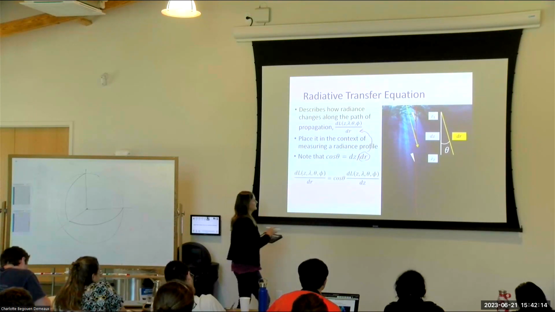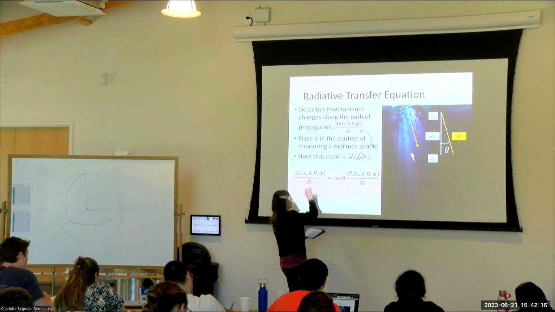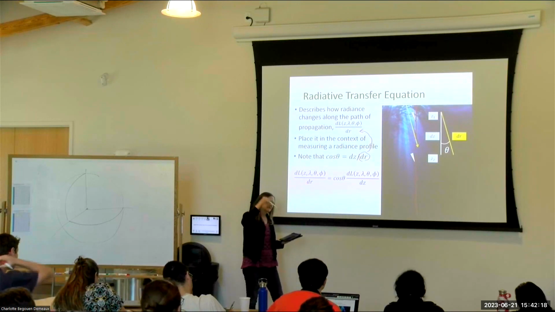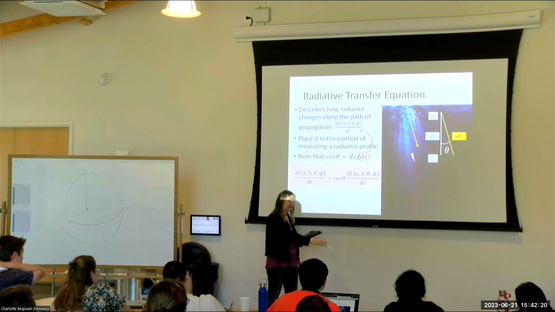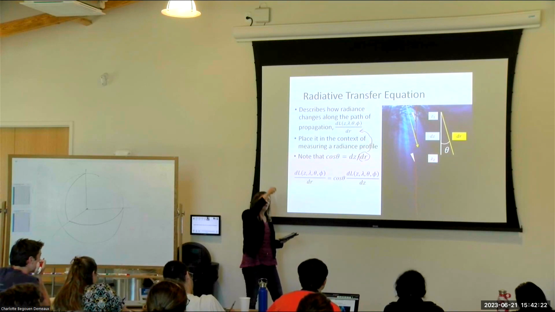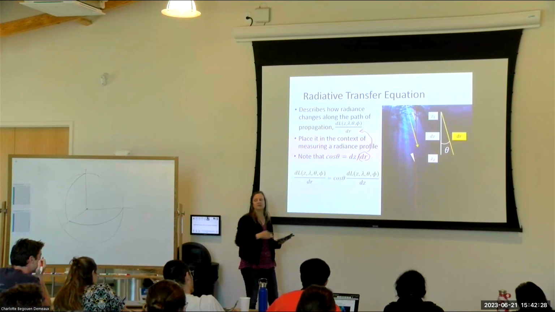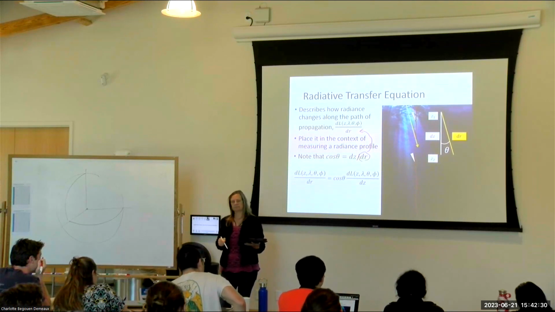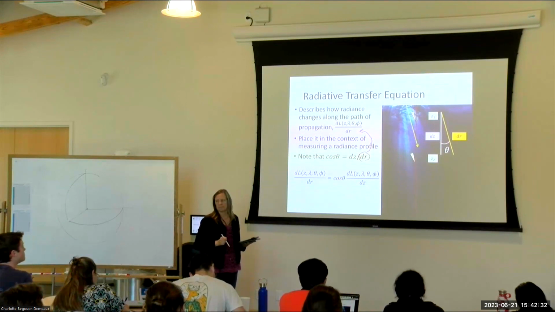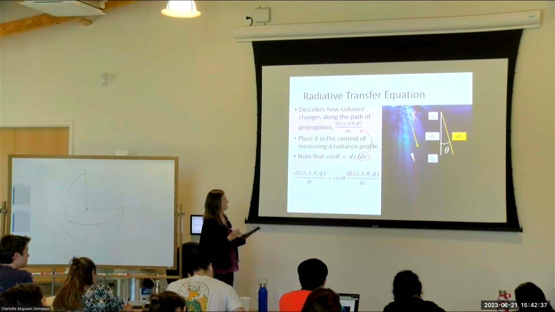What we get is that this term, how radiance decays along a path, is going to equal how radiance decays with depth multiplied by the cosine of the angle at which that radiance is propagating. Okay. Just geometry. Is that good? Okay.